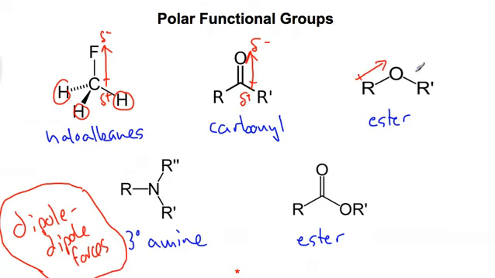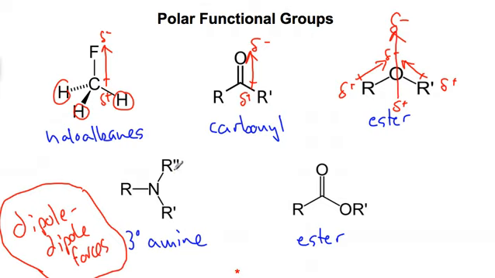Ester group, also polar, delta negative towards that oxygen, delta positive towards the carbons of the R groups. And so molecular polarity kind of goes that way, and so it's a polar molecule. But again, that functional group, that C double bond O group, is somewhat closed off because of the alkyl groups that are on either side of it.